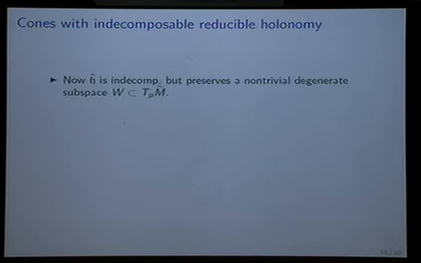So now the holonomy of the cone is indecomposable but reducible. This means it preserves some non-trivial degenerate subspace. Degenerate means that the metric scalar product on this subspace is degenerate. Okay, we consider two cases. In the first case, we assume that this subspace W, which is invariant under H hat, admits an H-invariant complement.